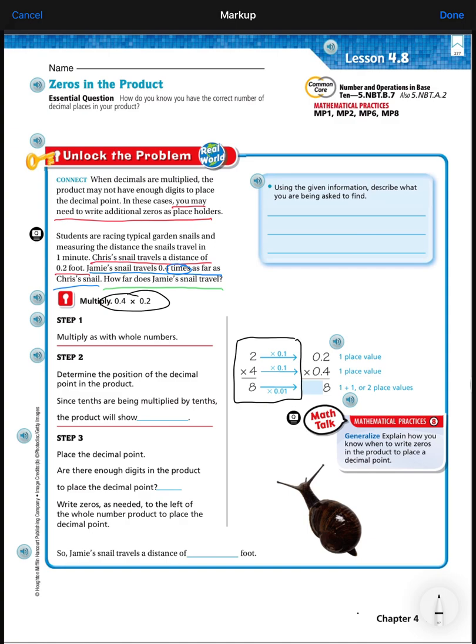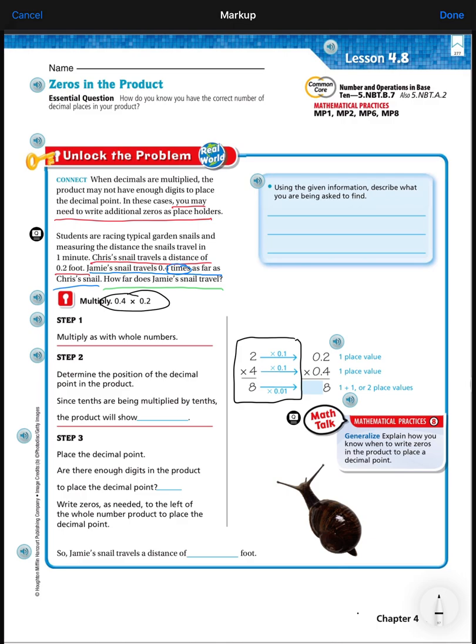I'm just going to box it in so you can see what I'm talking about. They have 2 times 4, which we can do mentally in our head. 2 times 4 is 8, okay? So they've multiplied it as whole numbers, saying that our product is going to have 8 in it, but we're going to have to place some zeros as placeholders, and I'm going to talk to you about that.